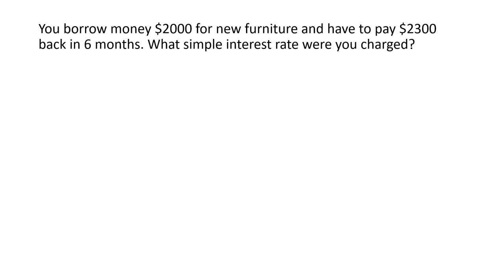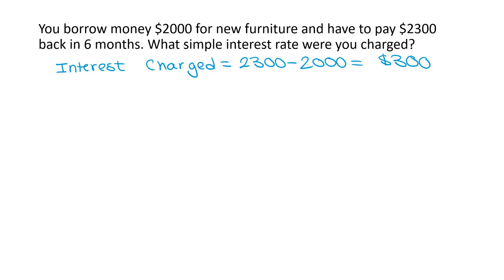All right, let's look at a different example. This is still about simple interest, so we're going to use the same formula. But this problem says you borrowed $2,000 for new furniture and have to pay $2,300 back in 6 months. What simple interest rate were you charged? So first of all, let's figure out, how much interest were we charged?